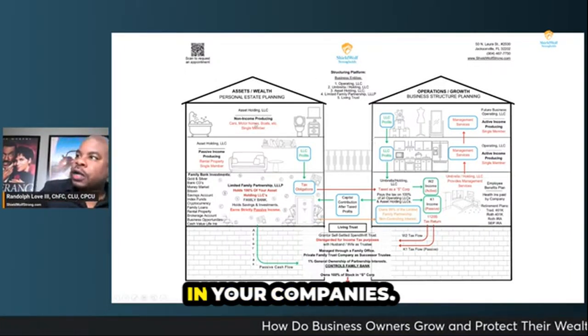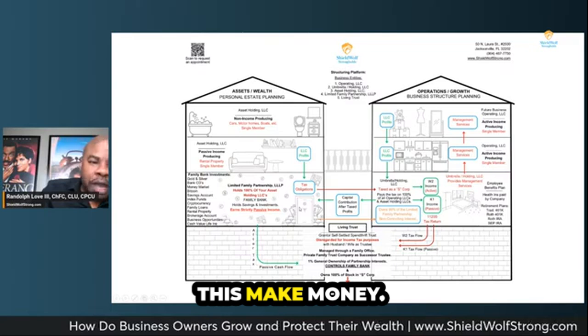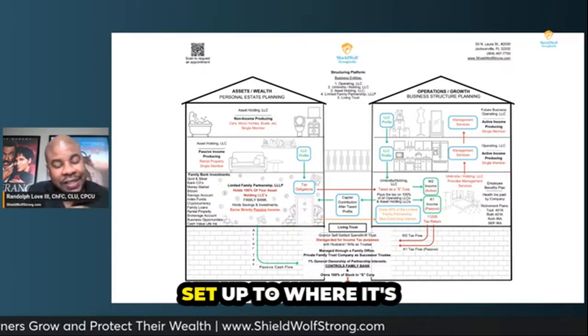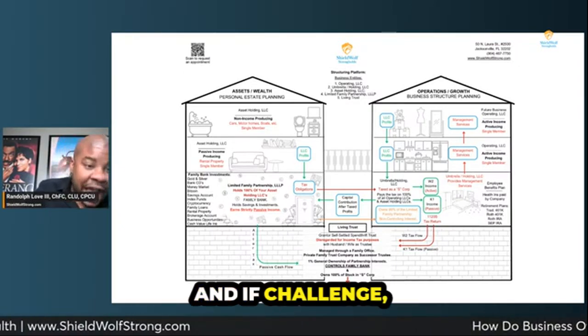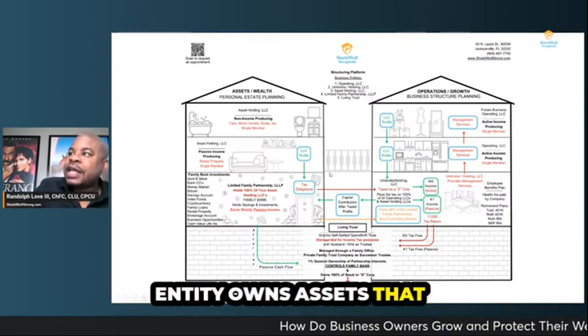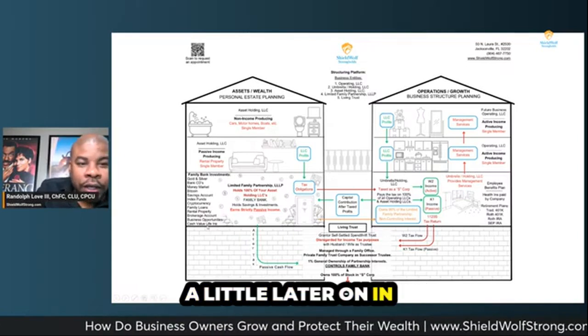You're actively working in your companies. You don't need to be over here trying to figure out how to make money. There's a way that you can have your entity set up to where it's protecting your personal assets, and if challenged, you can show that this entity owns assets that make money. And we're going to talk about that a little later on in this workshop.